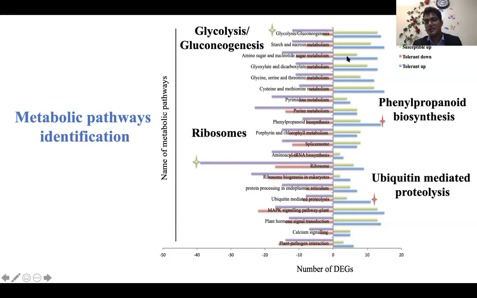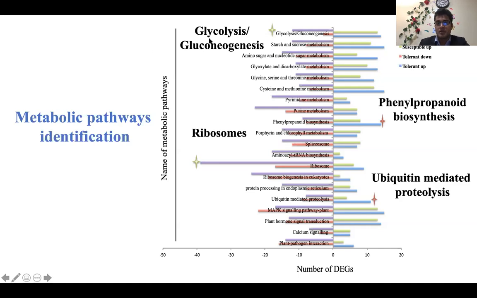Among the pathways, the key difference was in glycolysis and ribosomes, then phenylpropanoid and ubiquitin-mediated proteolysis pathways. For example, glycolysis and gluconeogenesis shows very high downregulation in susceptible genotypes, but this pathway showed very little downregulation in tolerant genotypes.